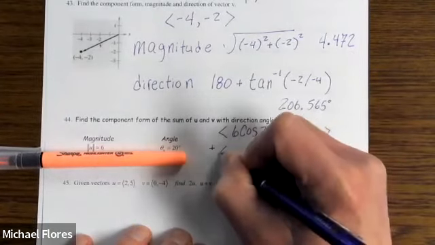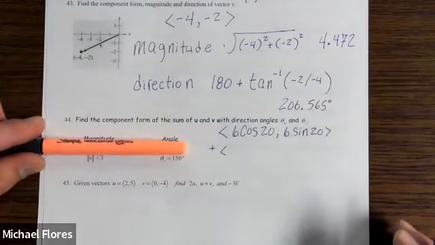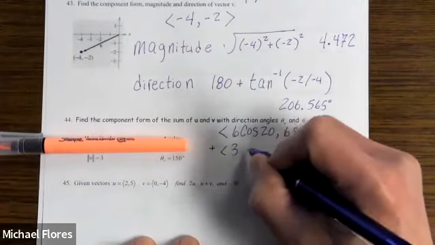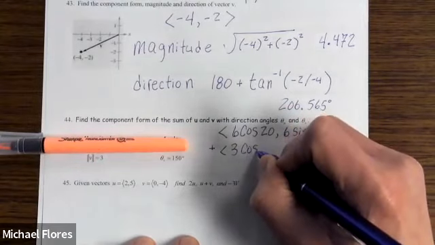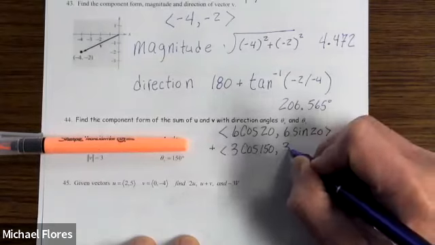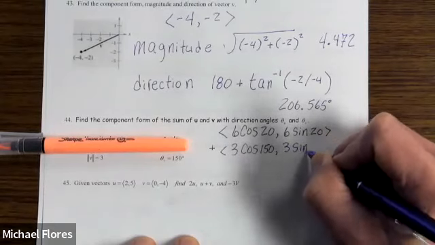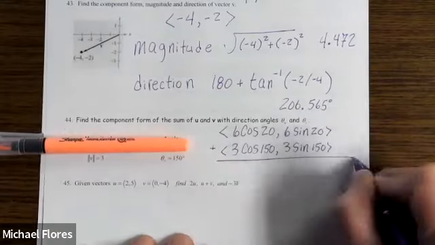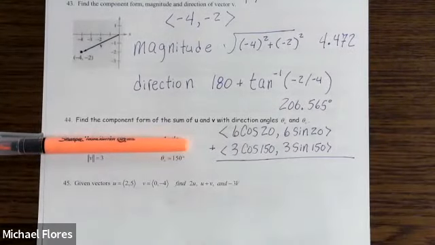And we're going to add that to the component vector 3 cosine 150, sine 150. And that would give you your resultant vector.